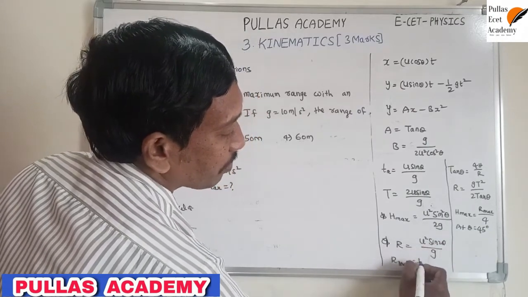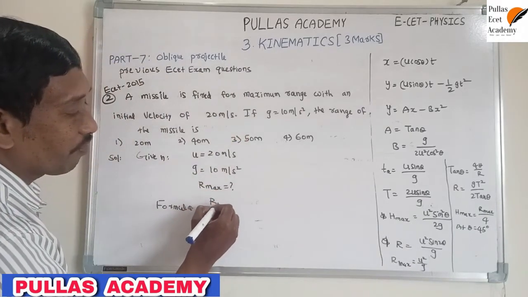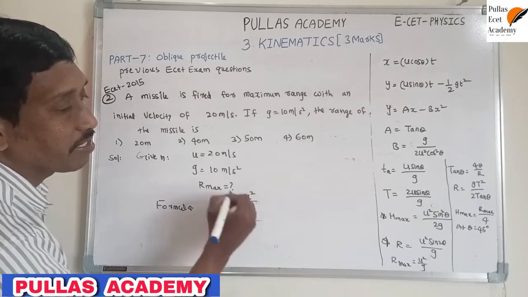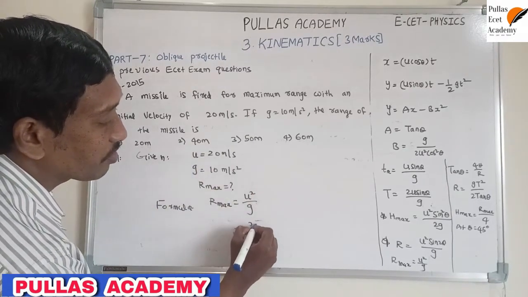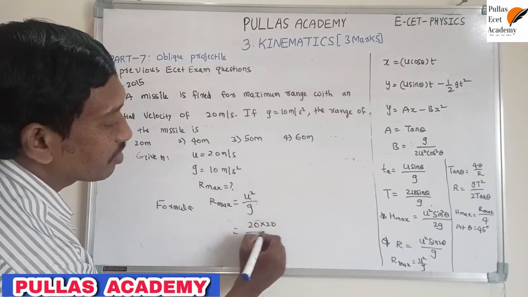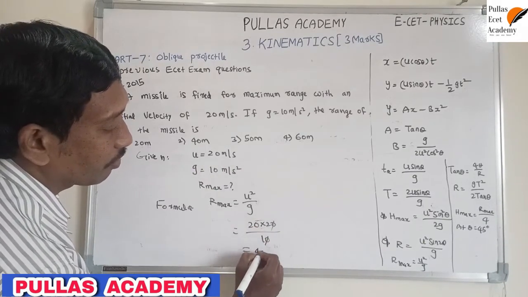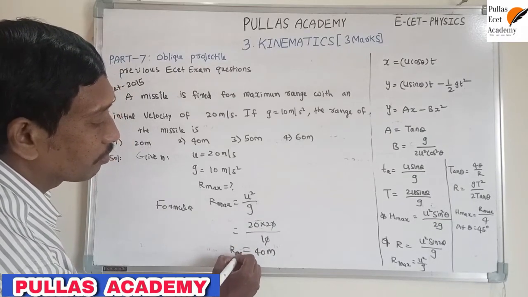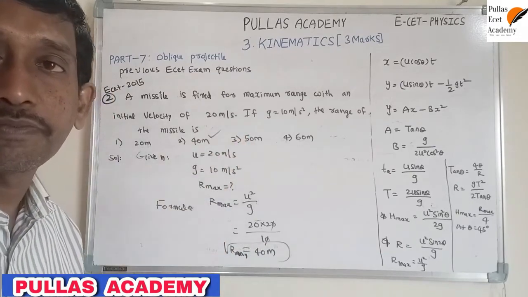Sin 90 is 1, so u square by g is the maximum range formula. If you substitute u value 20, 20 square means 20 into 20. The g value is 10, the 0 is cancelled, 20 twos are 40. R maximum is 40 meters is the answer. This second option is correct.